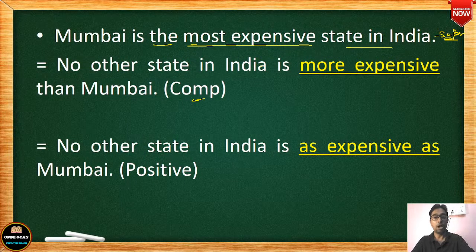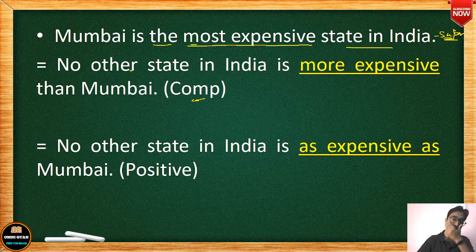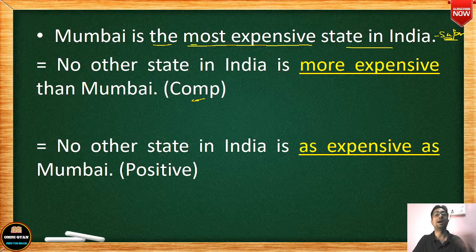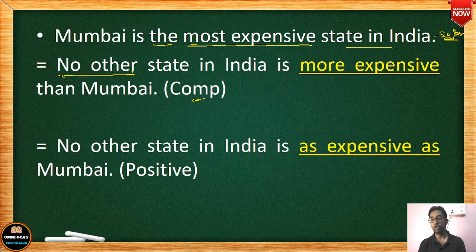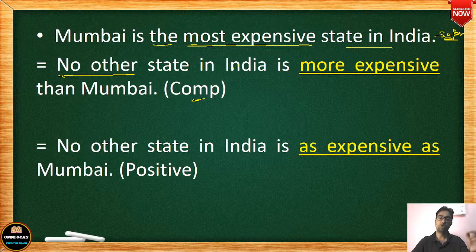I'm sorry। अब इसको हम चेंज करते हैं, देखिए कैसे। अब इसका जो है here the rule is little different, क्योंकि यहाँ पे जो है स्ट्रक्चर थोड़ा सा अलग है। कैसे अलग है, अगर आपको सुपरलेटिव से कंपैरेटिव में चेंज करना है या आपको पॉजिटिव में चेंज करना है तो आपको no other से शुरू करना होगा। If you want to change from superlative degree to comparative degree you have to use no other.